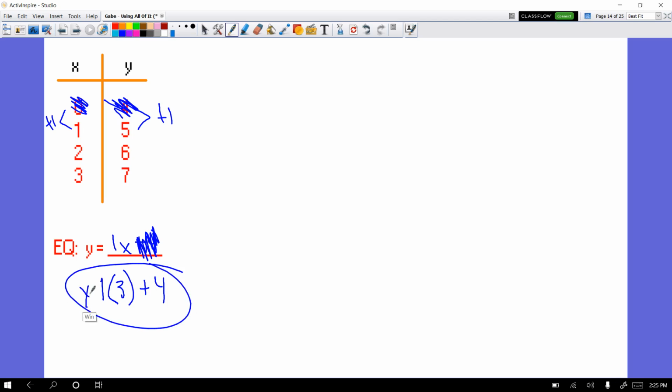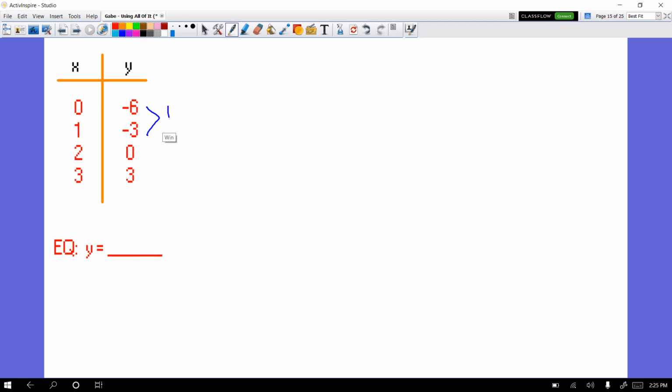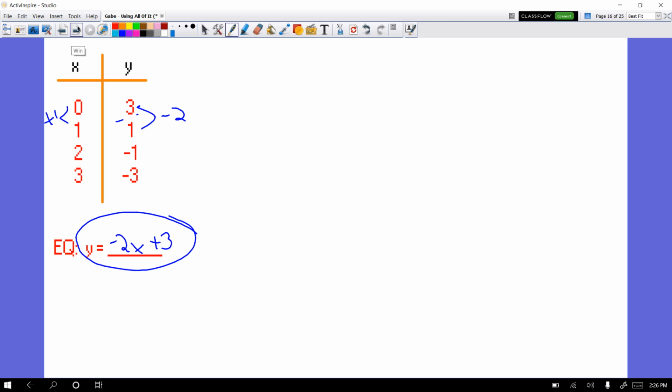That's how you'd get it. +3 plus 1, that's going to give you a slope of 3, and then you were fantastic at recognizing when x is 0, it's crossing through the y-axis at -6. That's the equation we're looking for, both parts. -2 plus 1, okay, so that's going to be -2x. You nailed it. When x is 0, it's +3. That's the equation we're looking for.